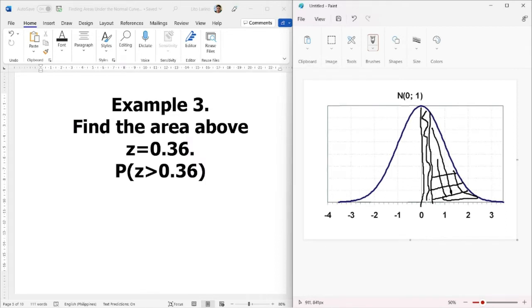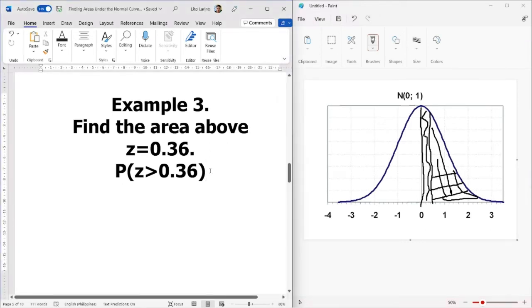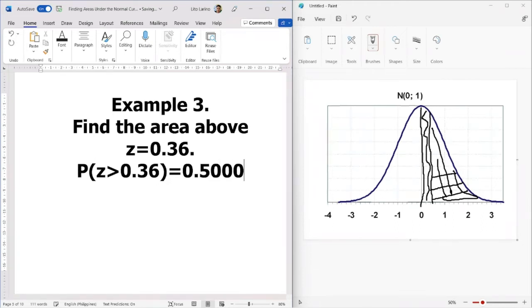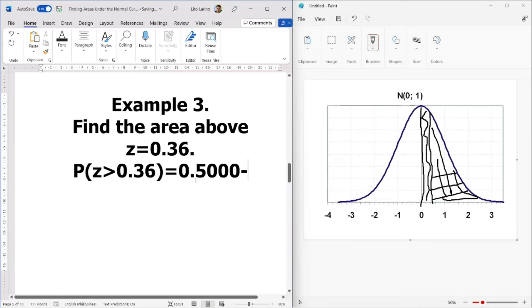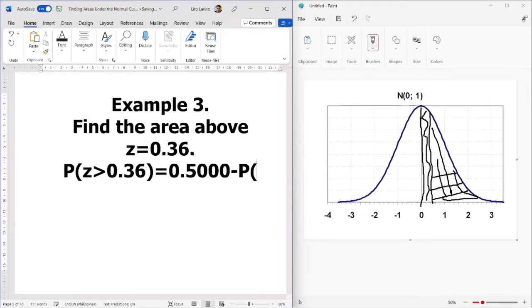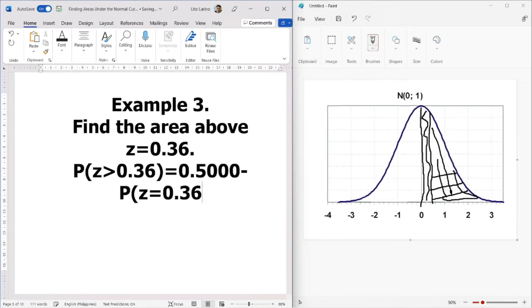And for us to be able to determine the remaining area, we simply do subtraction, because the probability or the area above the given z-score 0.36 is simply 0.5000 minus the area when the z-score is equal to 0.36.